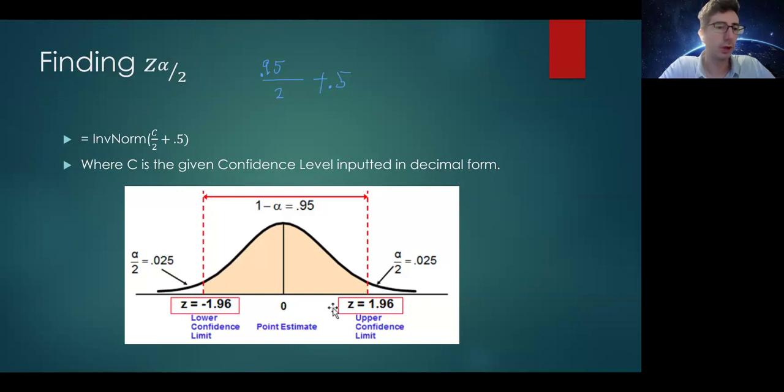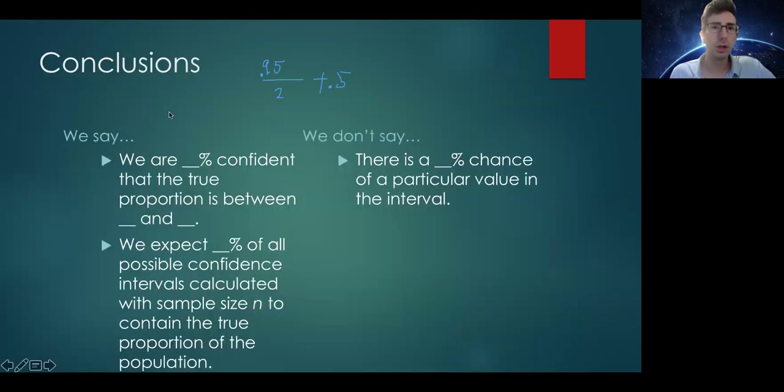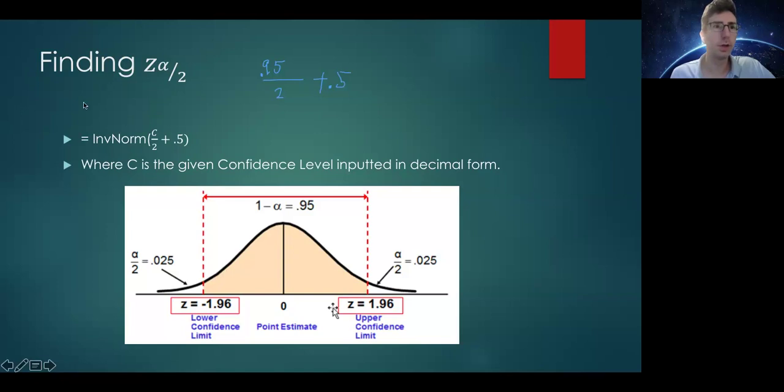So if we do 0.95 divided by 2, 0.95 divided by 2 is 0.475, plus 0.5.